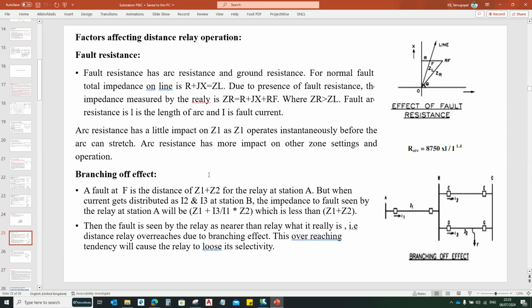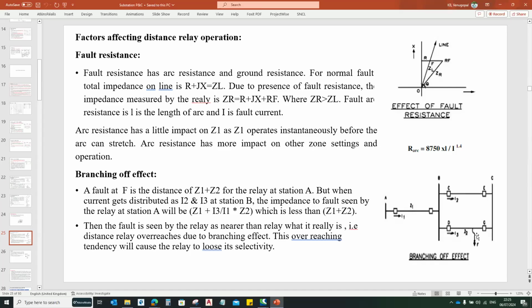The second thing is the branch effect. Generally, the setting will be calculated based on these transmission line parameters, and in the other area it will be calculated based on the other one.